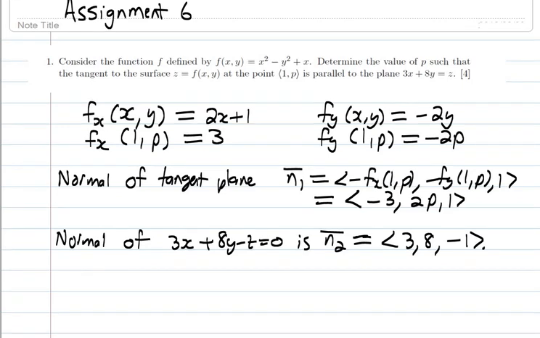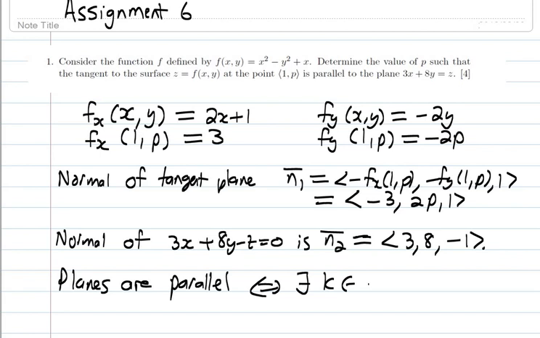Now this is very important, so let's write that down. Planes are parallel if and only if there exists a real number k such that n1 is equal to k times n2.